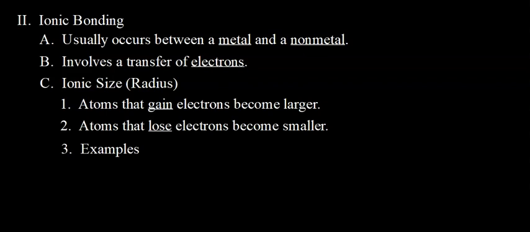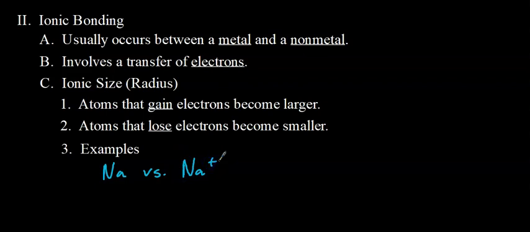A little review on atomic size, atomic radius. Atoms that gain electrons become larger, so anions are larger than the neutral atoms they form from. And atoms that lose electrons become smaller, so cations are smaller than the atoms from which they form. So a couple examples here.